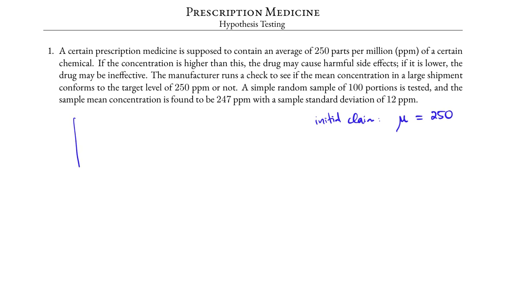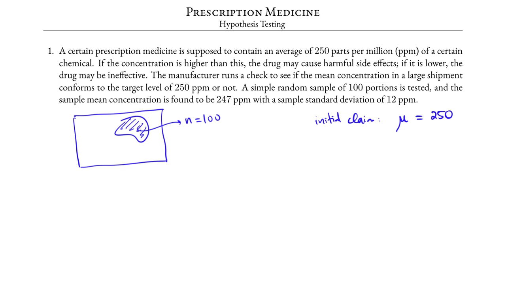The test is about a claim about the population, and we pick a sample, in this case a sample of 100, so n equals 100, and we compute the statistics.